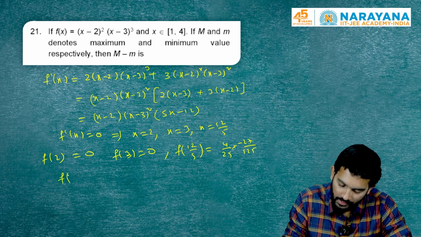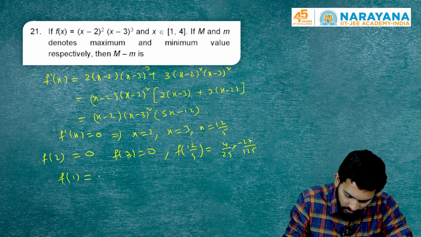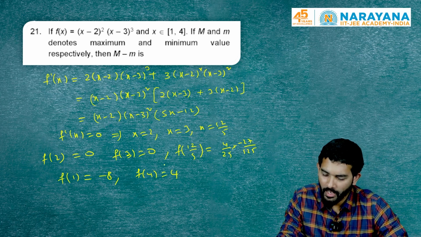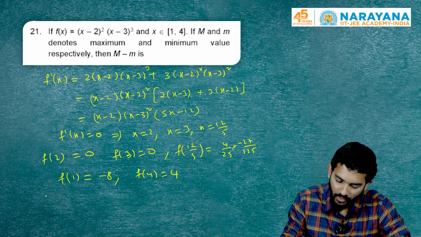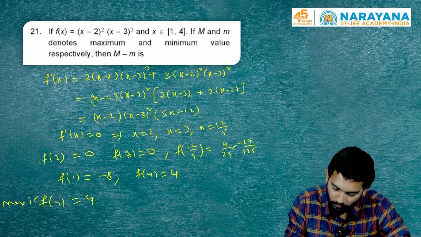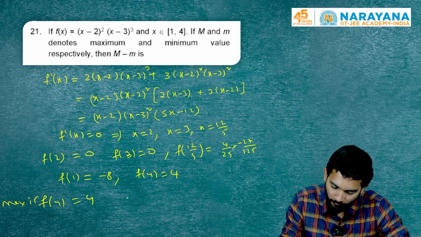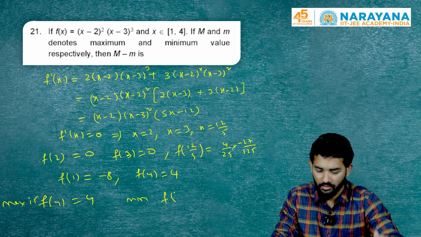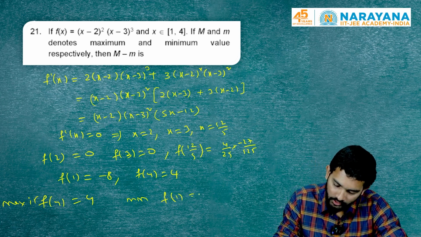And at the endpoints, as I said earlier, f of 1 is minus 8 and f of 4 is 4. So among these values, the maximum is f of 4, that is 4, and the minimum is f of 1, which is minus 8, occurring at the endpoints.